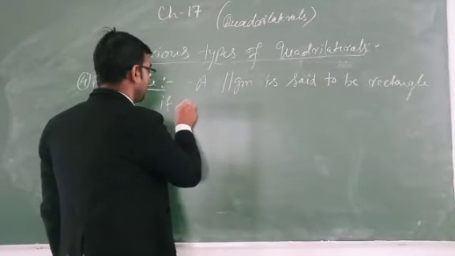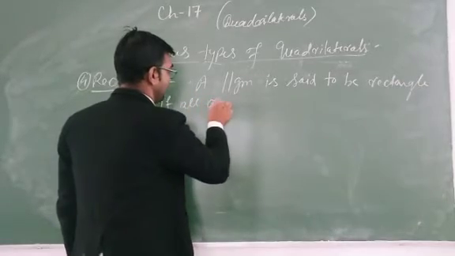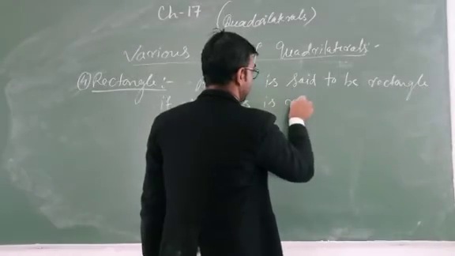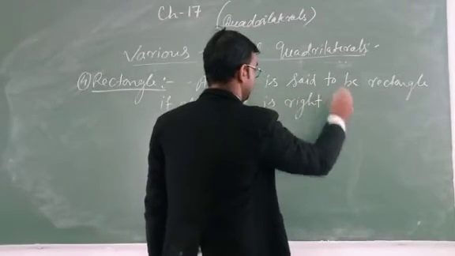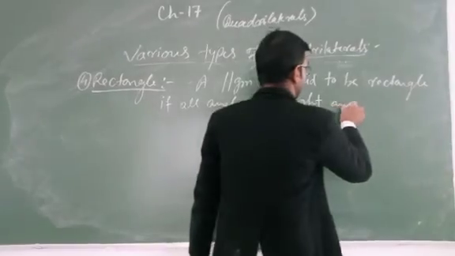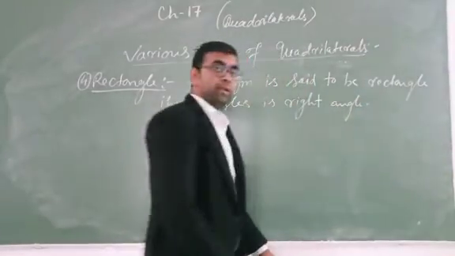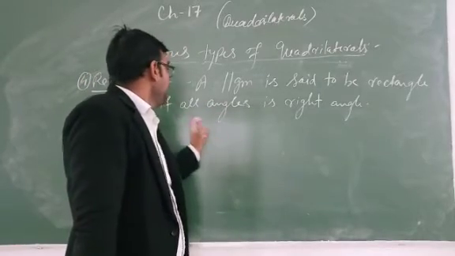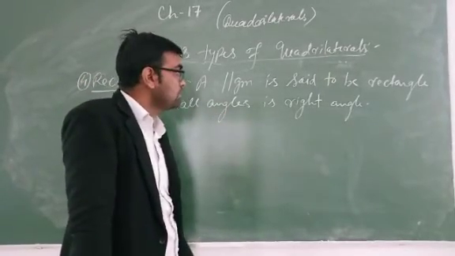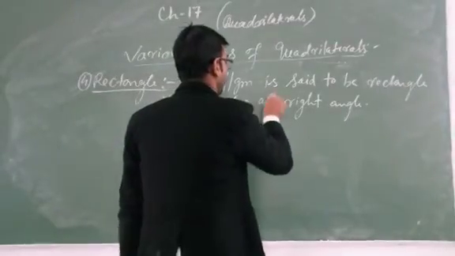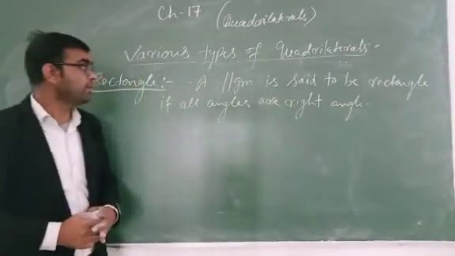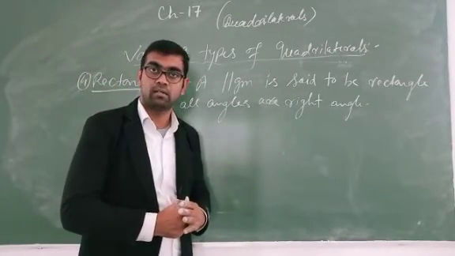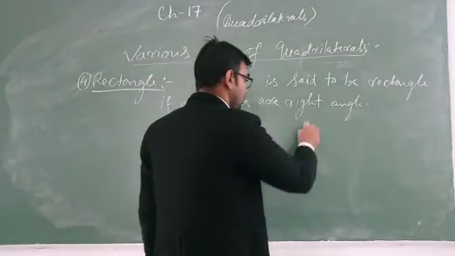all angles are right angles. A parallelogram is said to be a rectangle if all angles are right angles. Understand?